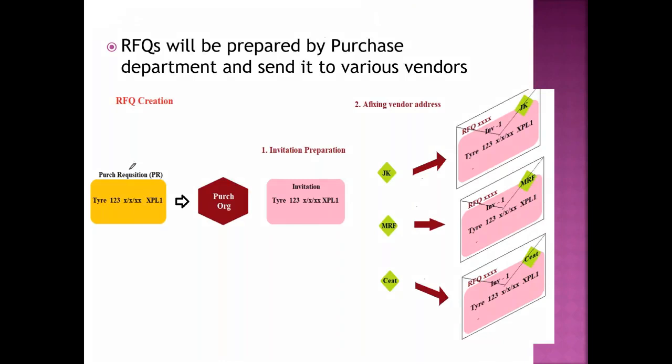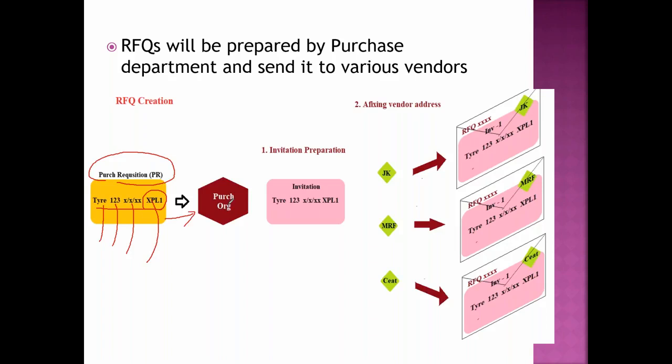First one, for example, as you are already aware, one PR has been created by plant people. One typist in the plant sits and types: he wants a tire. This department wants 123 tires on or before so and so date, to be delivered at Kottayam. Like that, one purchase requisition is created and sent to the purchase department.